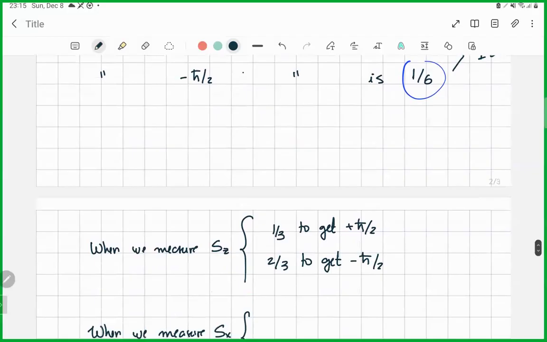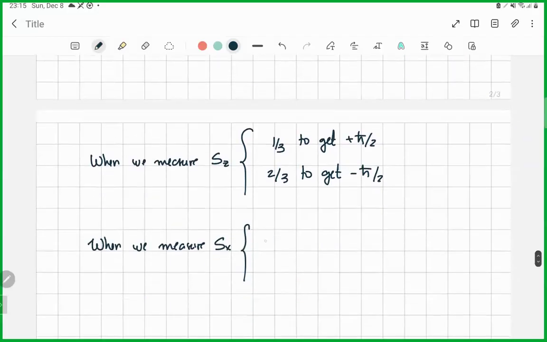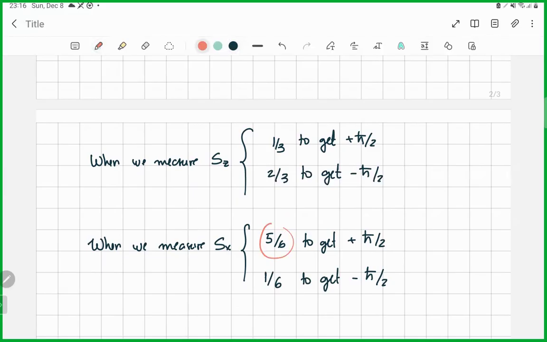We get 1/6 to get minus h bar over 2. Okay. But I told you that there is another method to get these two probabilities. Let's have a look at this other method, method 2, to get these two probabilities.